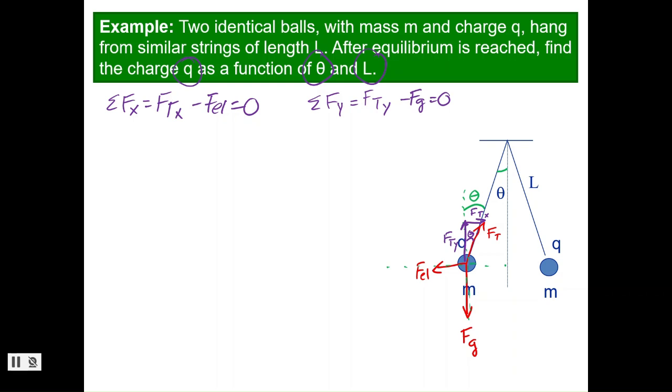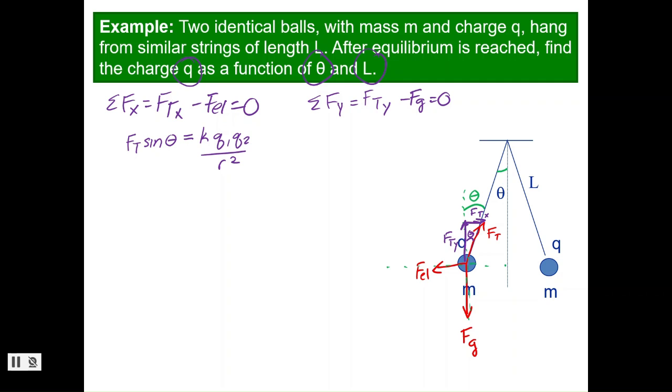So I'm going to go through and start subbing in. With my trig, my FTX is the opposite side of that triangle, so it's going to be based on sine. So I'm going to have FT sine theta. And if I add the F electric to the other side, I'm going to get that as equal to F electric, which is going to be my k Q1 Q2 over r squared.